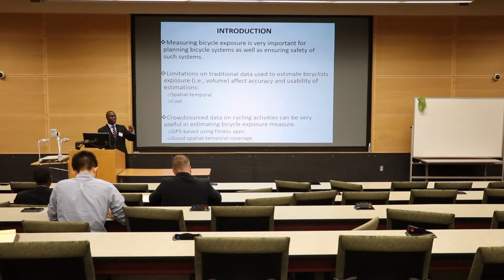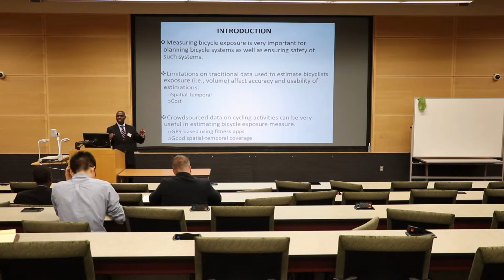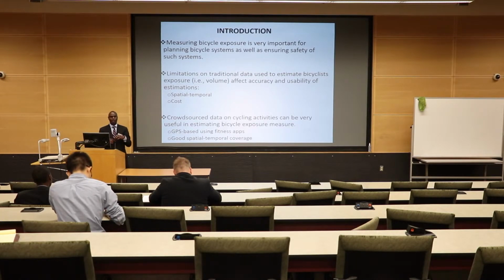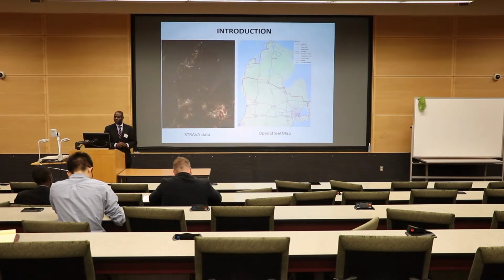Can we put our hand on those data? And if we can, we take that data and incorporate it in the other data that we get from traditional sources and be able to improve our ability to predict how many cyclists there are going to be in your area or in your roadway.